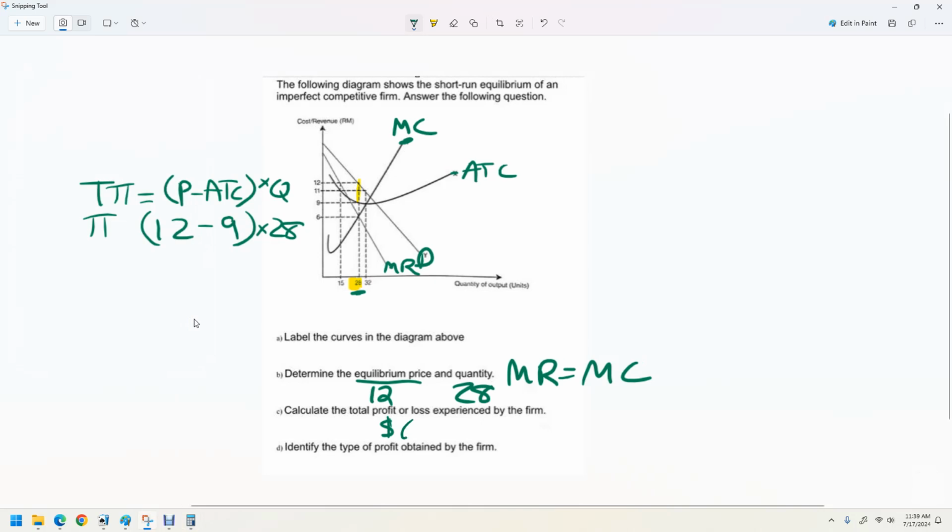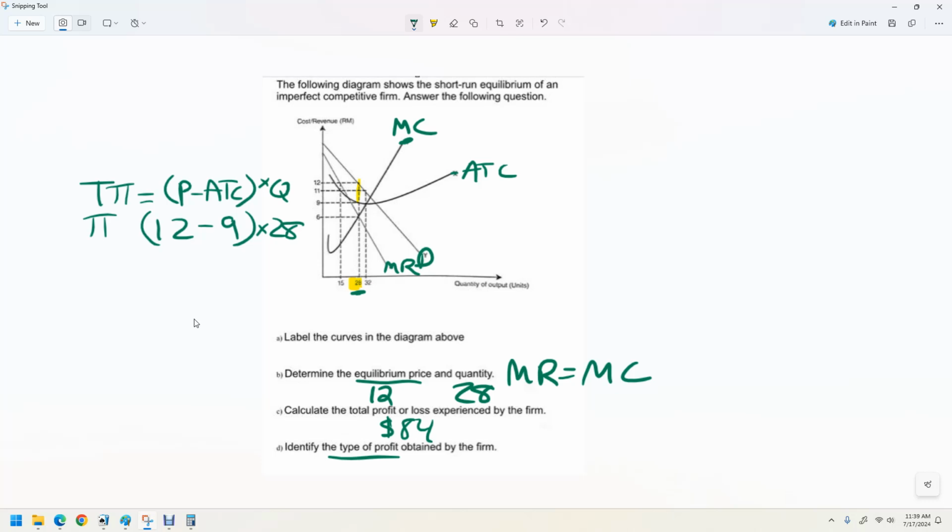Then what type of profit? There are different ways of saying this. Depending on your textbook, you could say supernormal profits, or positive profits. They are earning positive profits. You could also say short run profits, since this is an imperfectly competitive firm.